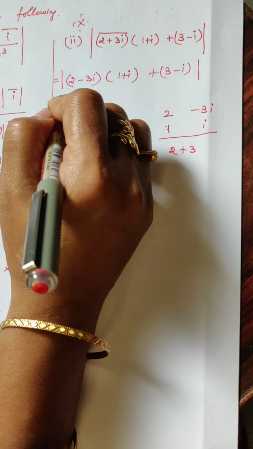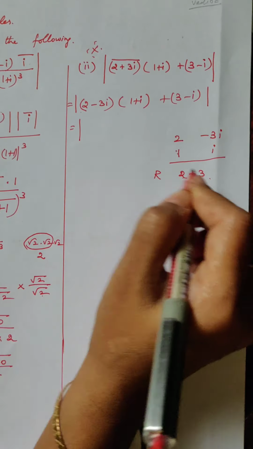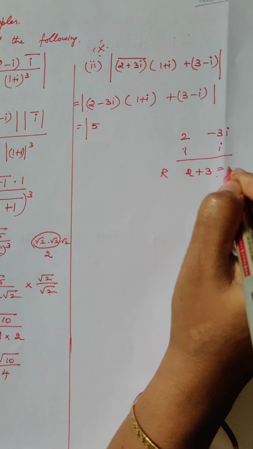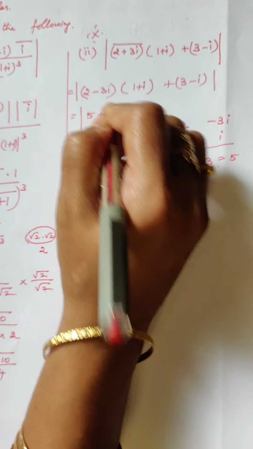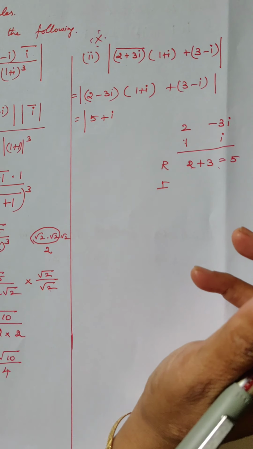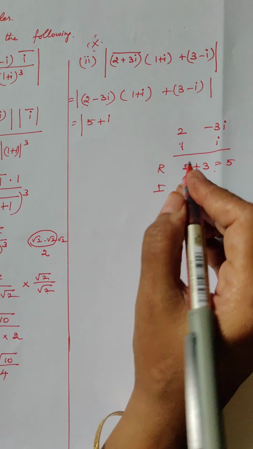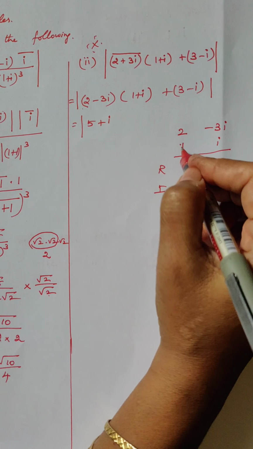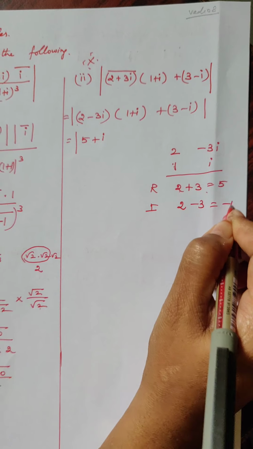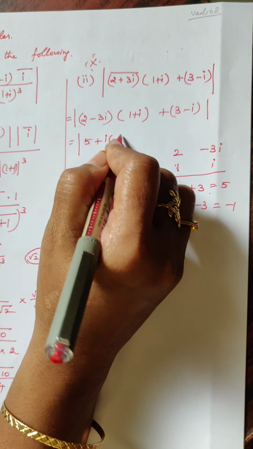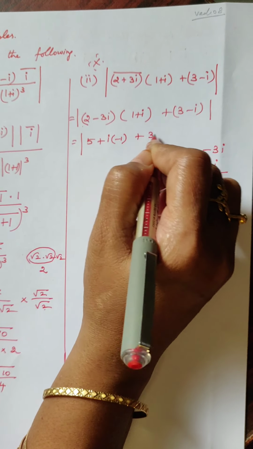So the real part becomes 5. Is it clear now? To get the imaginary part, first I put i here, then without i you can multiply. So 2 into 1 is 2, 1 into minus 3 is minus 3, 2 minus 3 is minus 1. So i into minus 1, plus 3 minus i.